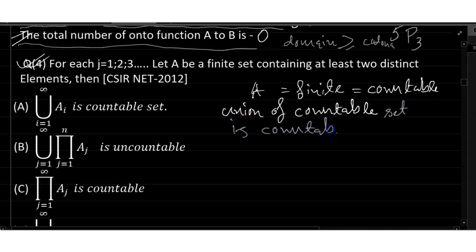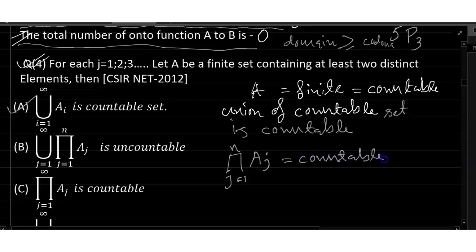Okay, no problem, I hope. So correct, because of the union, and after that the product of j = 1 to n of Aj is countable.